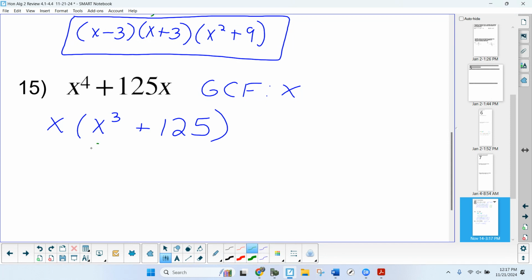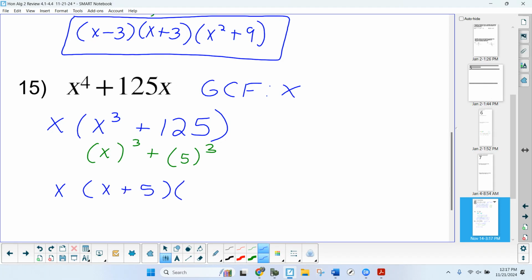So this is what cubed plus what cubed. What multiplies together to give you x to the third? X. And 125? 5. All right, so now I'm going to bring the x down because I don't want to forget it. And you're going to use your SOAP formula. So what's the first binomial? X plus 5.